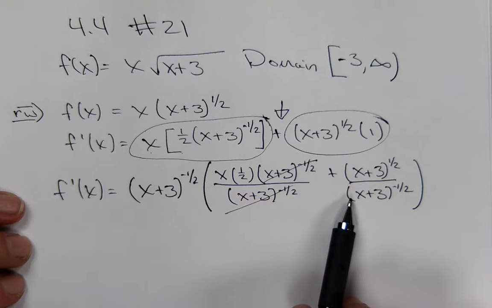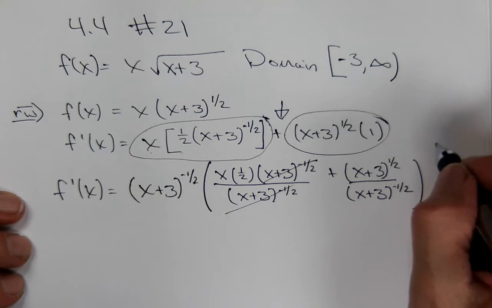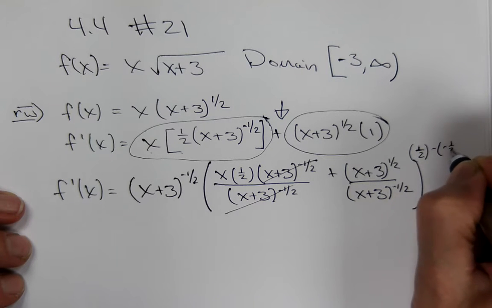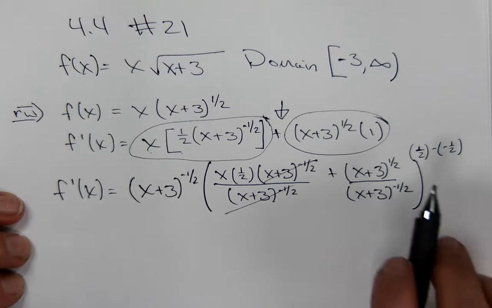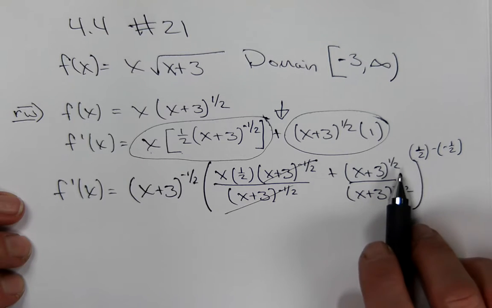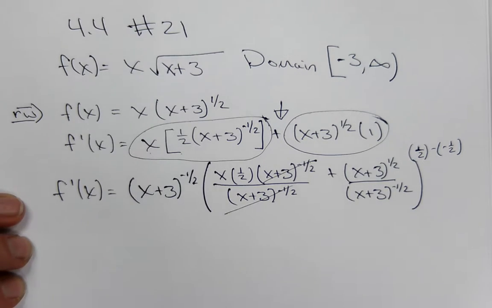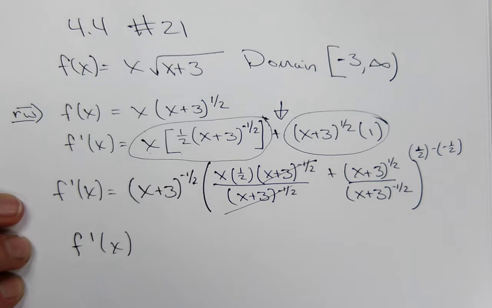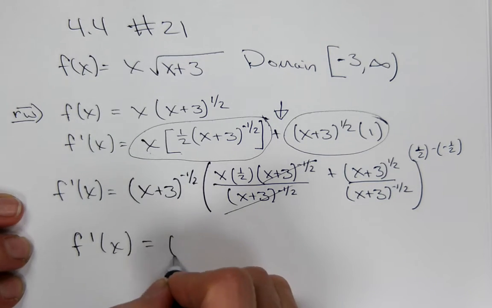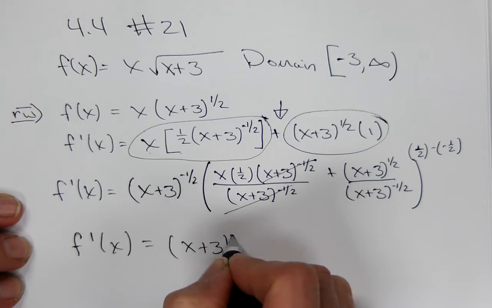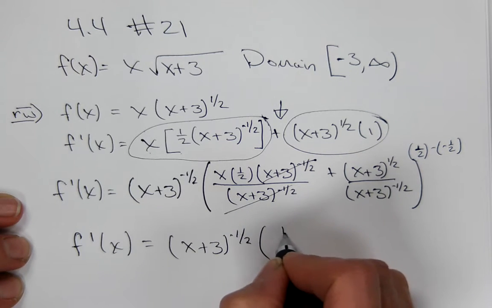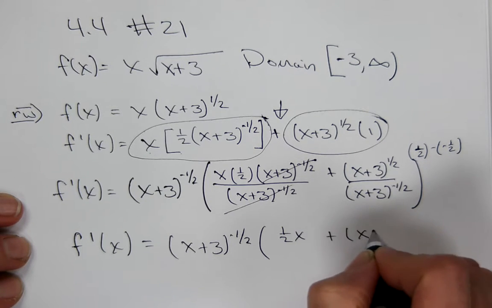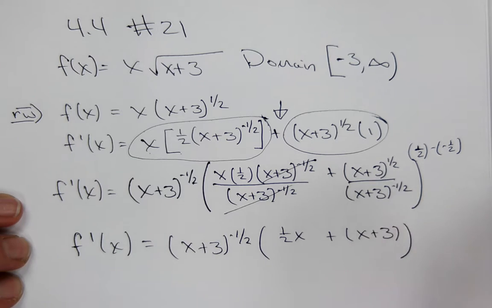For the second term, we need to subtract the exponent. So the exponent will be 1/2, the upper exponent, minus -1/2, the lower exponent. So 1/2 plus 1/2 will just be to the 1 power. So we are then going to have f prime of x equals (x plus 3) to the -1/2 times (1/2 x plus (x plus 3) to the 1 power, which I won't write.